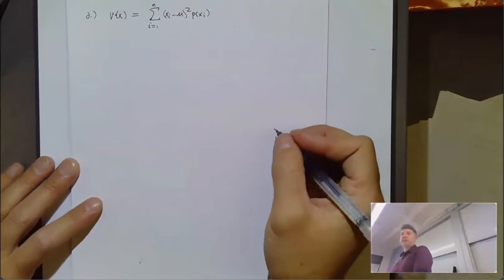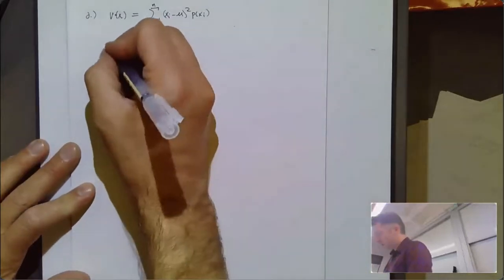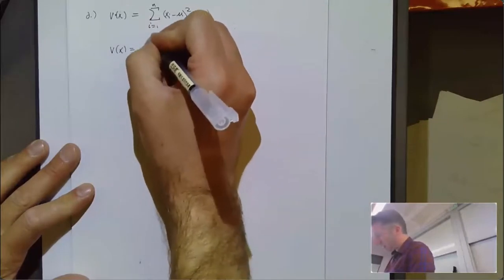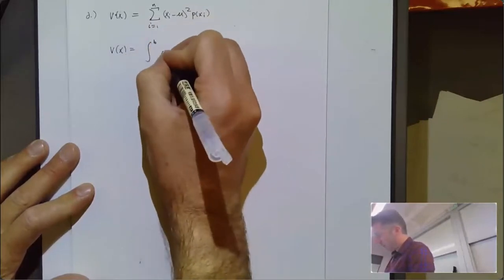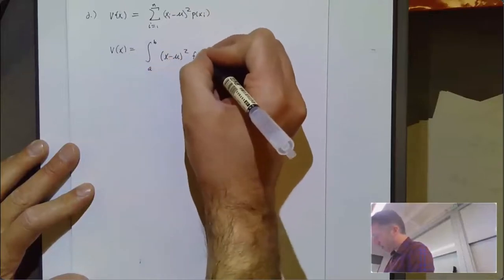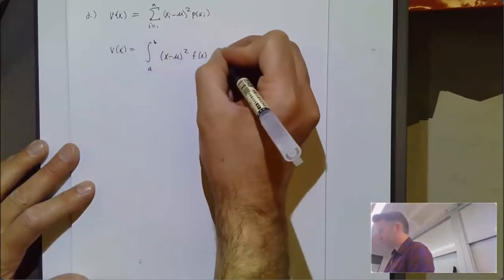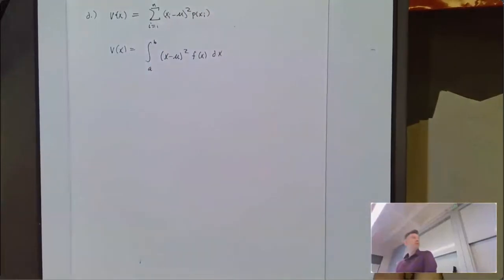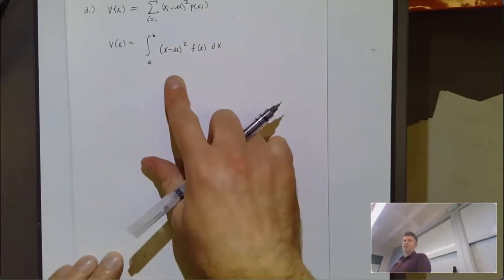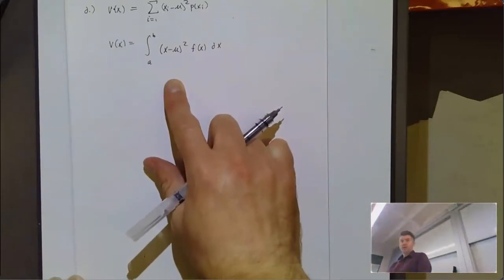We're going to have the same thing for an integral. For continuous land, our variance is going to be the integral from a to b of x minus the mean, squared, times the probability density function f of x. So this is not the best way to do it. Let me show you what I mean.